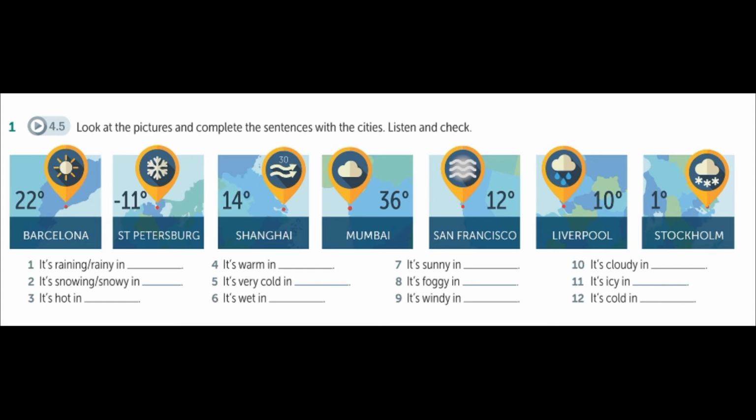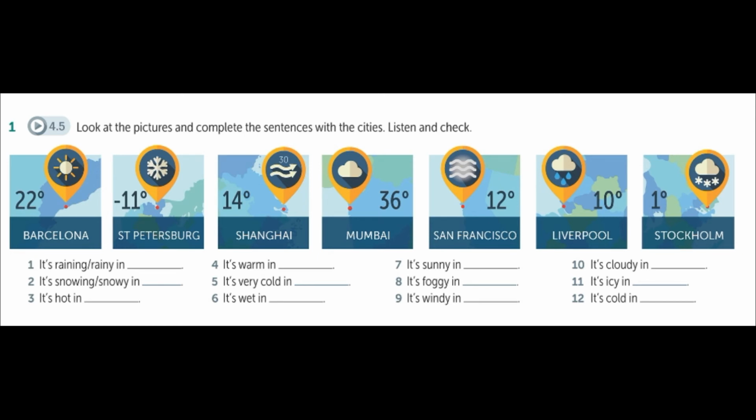We have the sun, a snowflake, the wind, a cloud, the fog, rain, and snow. So pay attention to the degrees of the temperature for each city. We have 22, minus 11, 14, 36, 12, 10, and 1 degree, right?